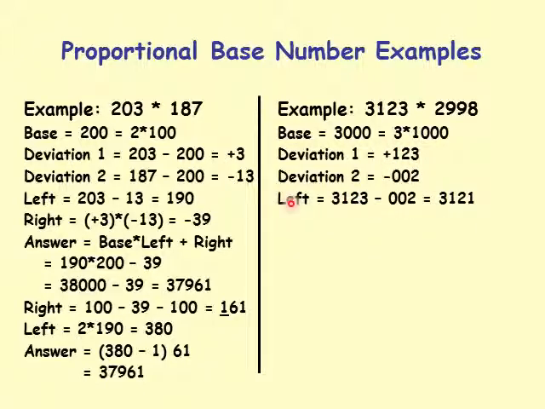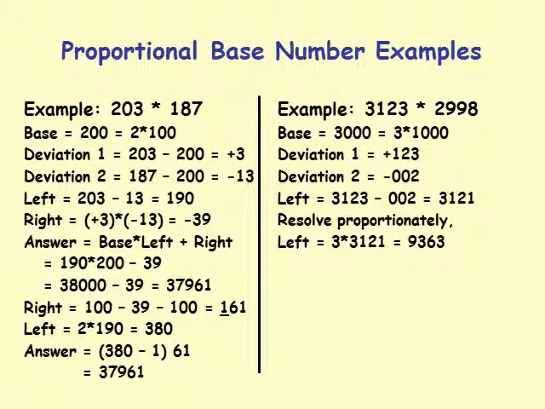That's a reminder that I need 3 digits on the right. Left is cross apply: the first number, 3123, and the second deviation. We apply negative: 3123 minus 002, which is 3121. On the right, resolve proportionality first. Left is 3 times 3123, which is 9363.